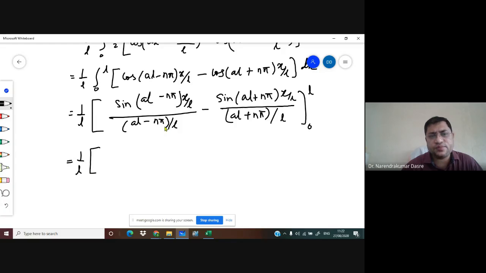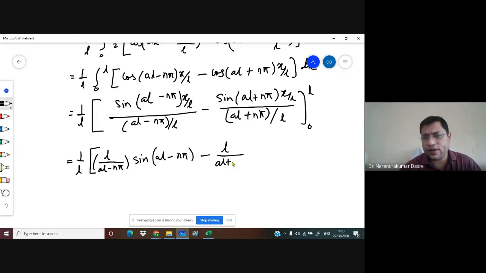So 1 by L, I'll have L upon AL minus n pi, and you'll be having sine of, if I apply L, this will get cancelled, it will become AL minus n pi, minus L upon AL plus n pi, and you'll be having sine of AL plus n pi. And if you apply 0, this term will be 0, sine 0 is 0, and this term will also be 0. So minus 0 plus 0.